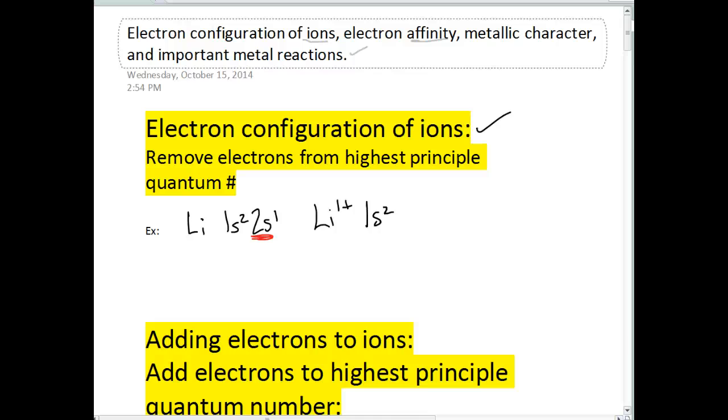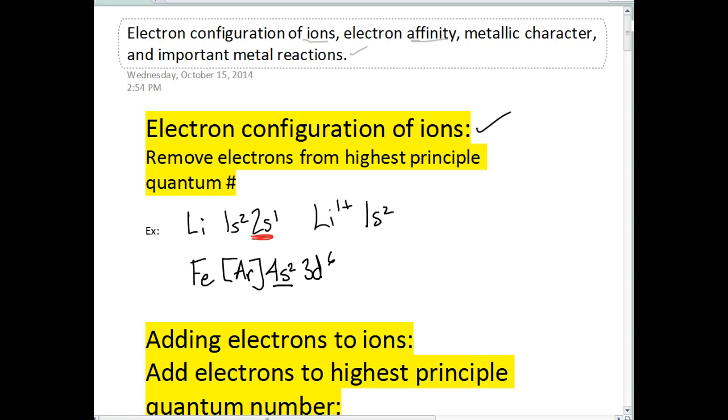Another example that's really important to take a look at is the electron configuration for a neutral atom of iron. I'm going to do this in noble gas configuration, so we have argon, and then we have 4s2, and then we have 3d6. Looking at this, our highest principal quantum number is the 4s2.